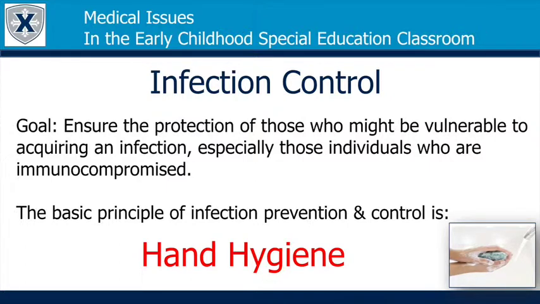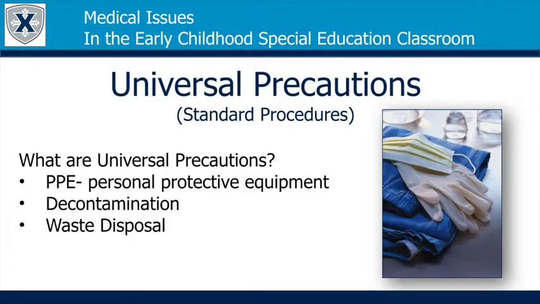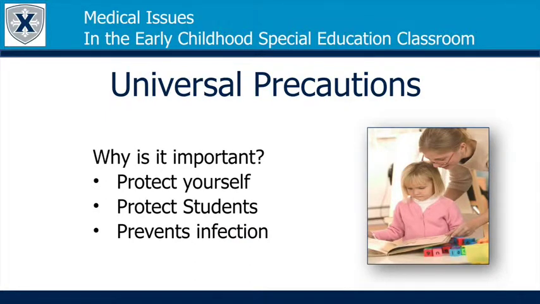The basic principle of infection control is proper hand hygiene, along with the standard precautions and universal precautions. What is it? It's basically your personal protective equipment, like gloves, gowns, eyewear, and then decontamination and proper waste disposal. It's important in order to protect yourself, protect the patient or the student, and prevent further spread of infection.